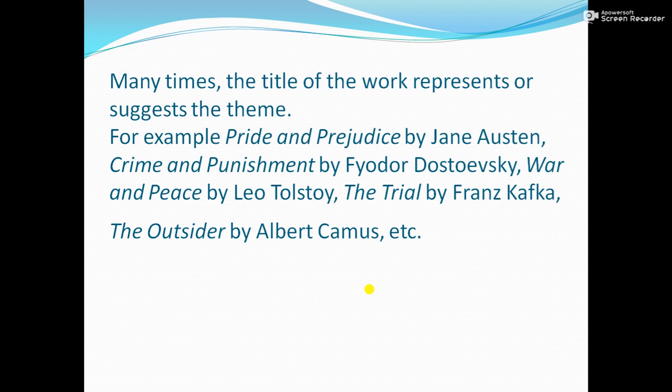We immediately know the theme itself is pride and prejudice, which has been manifested through the actions of characters. Or Crime and Punishment by Fyodor Dostoevsky, War and Peace by Leo Tolstoy, The Trial by Franz Kafka, or The Outsider by Albert Camus. All these titles are very much related to the theme in those novels.